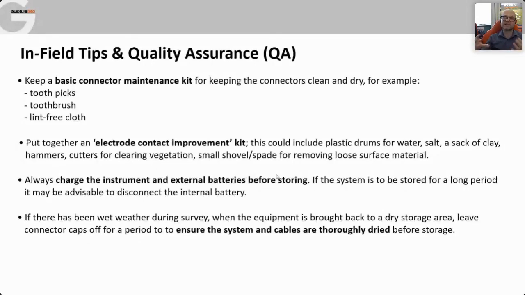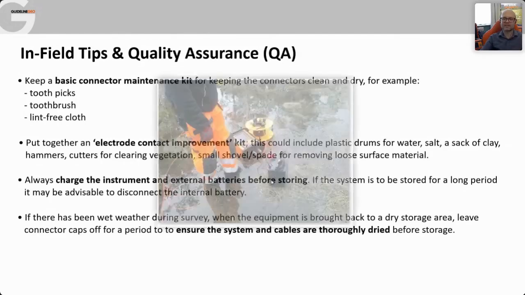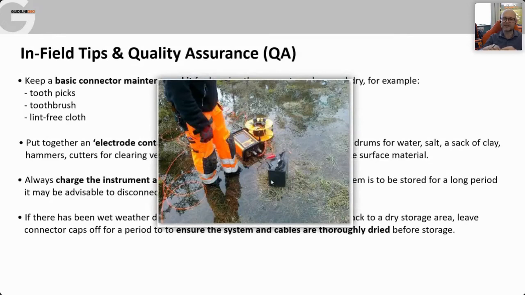So heavy rain is not a problem for it, but there will always be moisture in the air, and that moisture can get onto the connectors. So when you get back, especially if you've followed this particularly bad example of survey practice, make sure you put it into your nice dry storeroom and leave the caps off for a couple of days, just to make sure that any moisture that has got in there has plenty of opportunity to dry back out again.